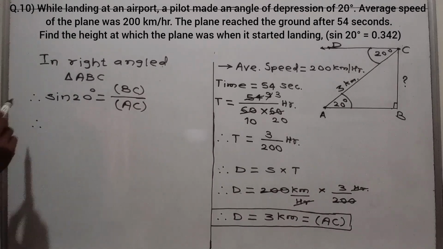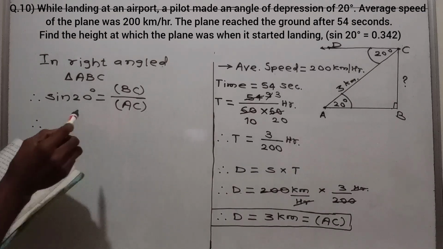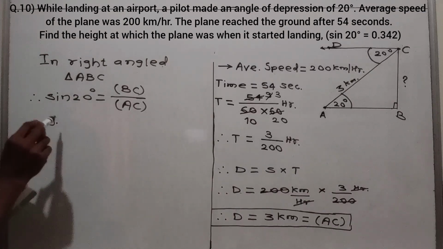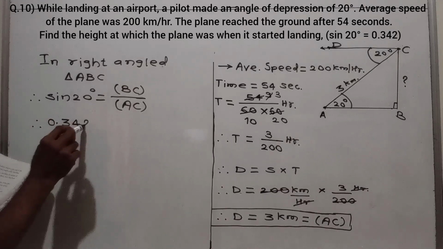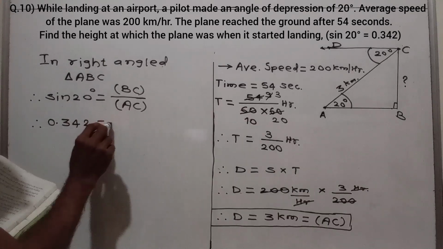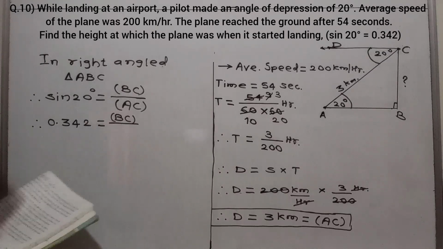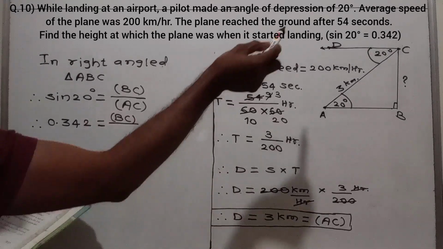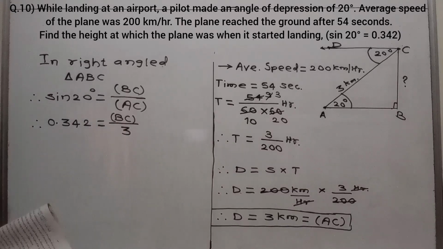Okay, now we have given the value of sine 20 degree, 0.342 is equal to, see this, BC we don't know, to be found, and we know the value of AC, 3 kilometer.